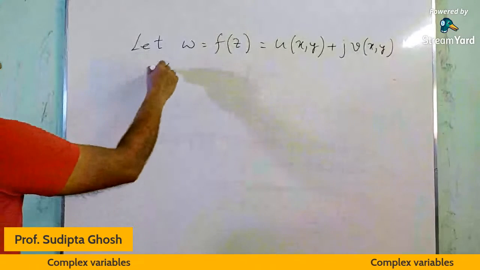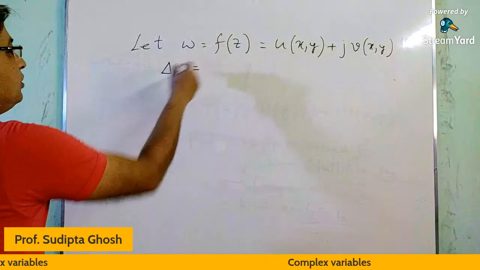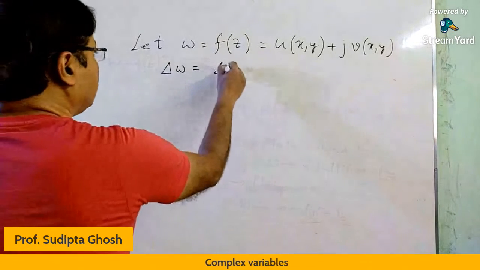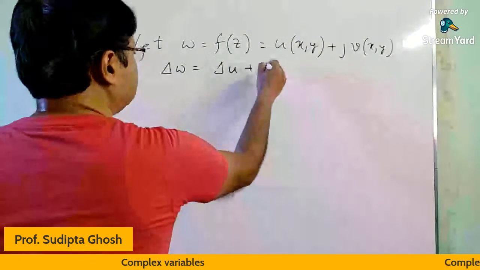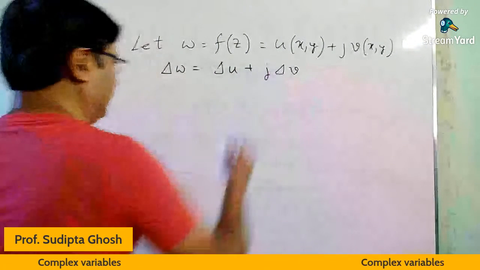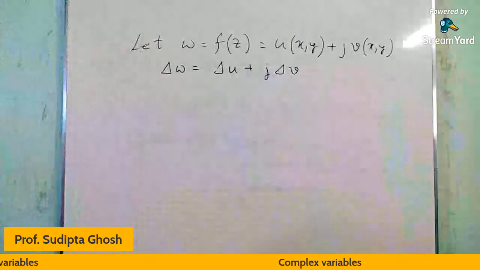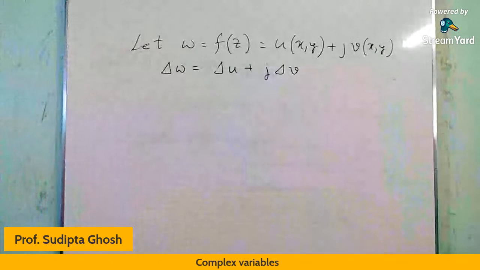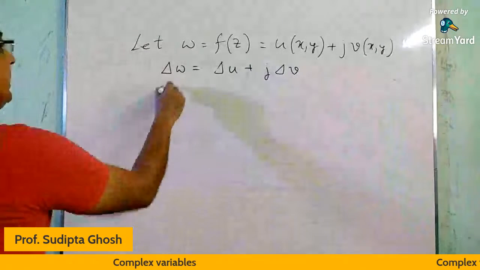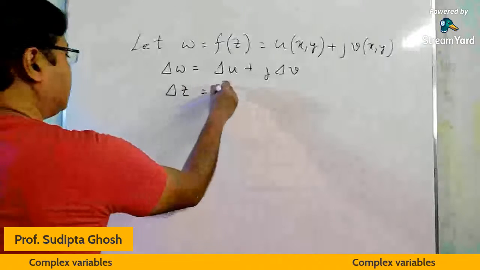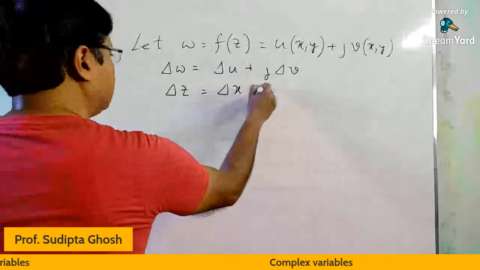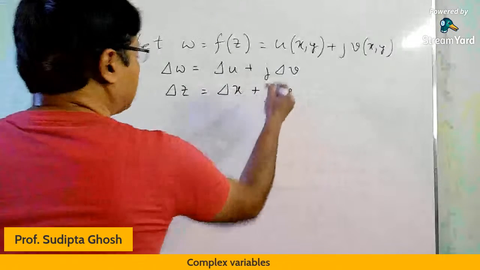So delta w must be equal to delta u plus j delta v, and delta z must be delta x plus j delta y.